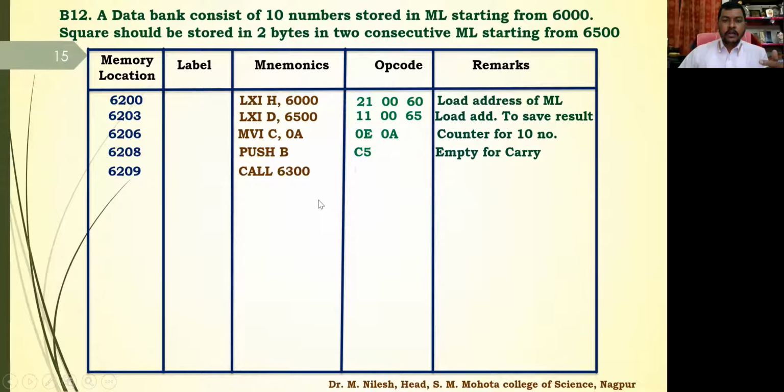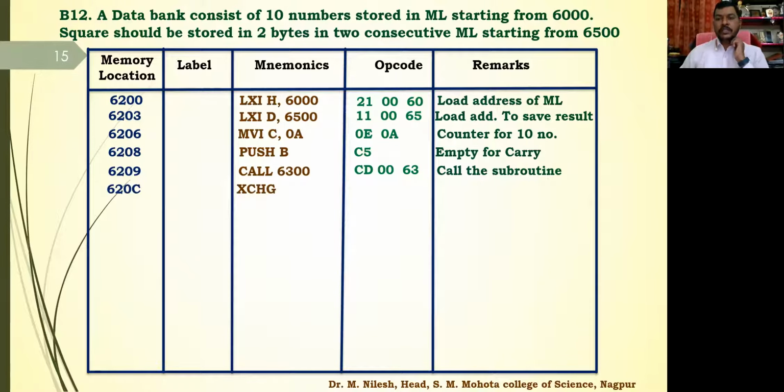So we are calling that. The opcode is CD, and the memory location address 0063. Right? So we have called the subroutine over here. Now, when the subroutine is executed, it will return back to the main program. So the next instruction we are using here is exchange.